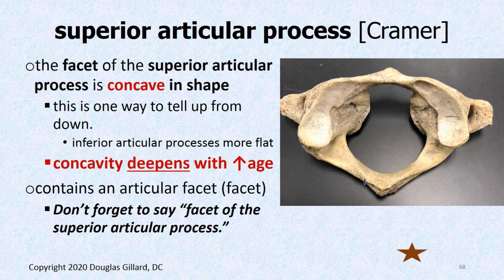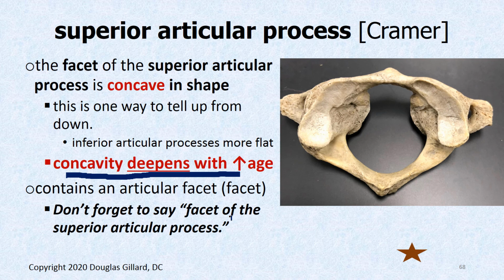Superior articular processes, we've talked about that already. Sometimes the facets, well, here they are again. As I've said a couple times already, the concavity, right? This is a concavity. This is a younger one here. But this gets deeper with age, and you can use that to get an idea of how old the person is. And it contains an articular facet.